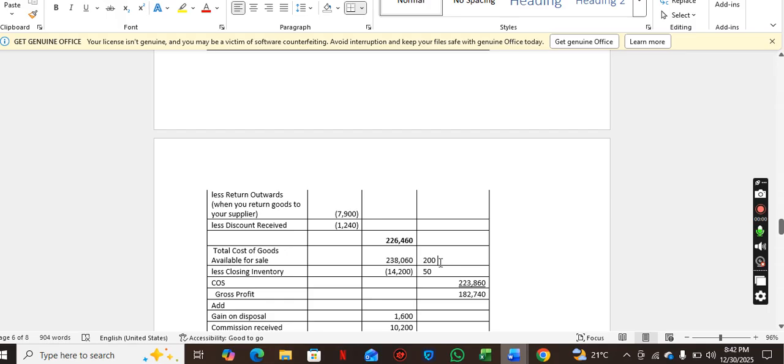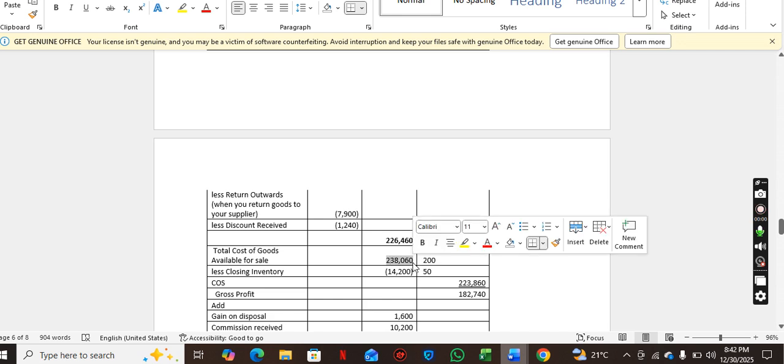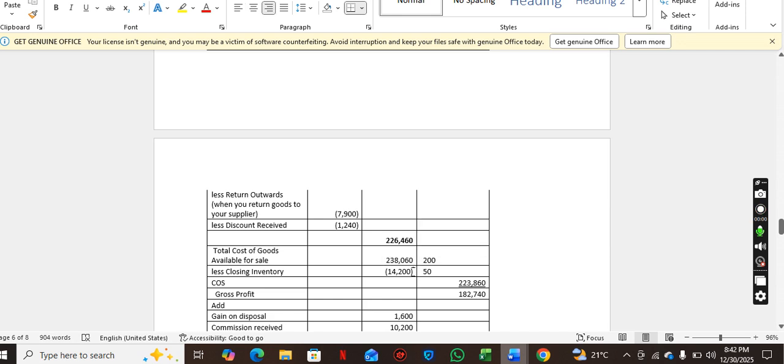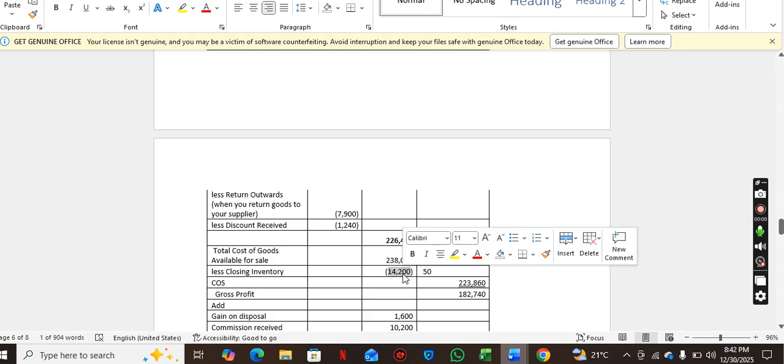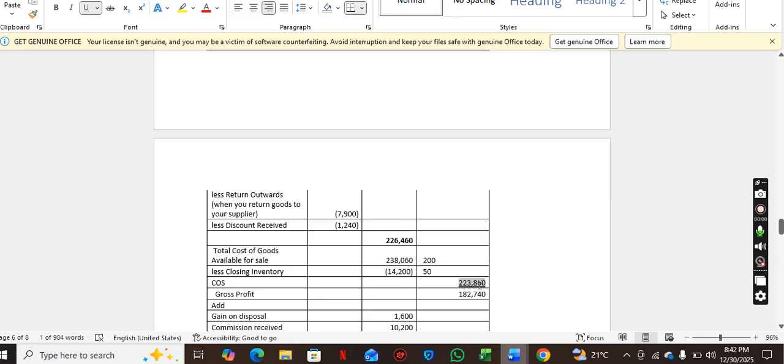So we're going to say total cost of goods available for sale. So these 200 goods were worth 238,060 minus the value of the 50 goods that remained, 14,200. So this minus this, you get 223,860.